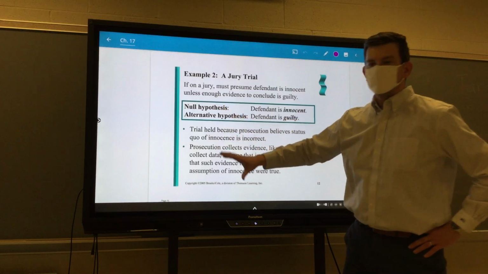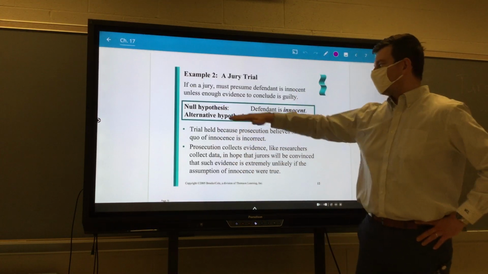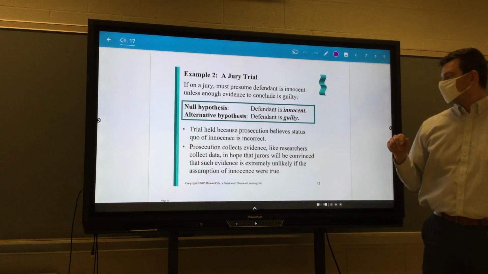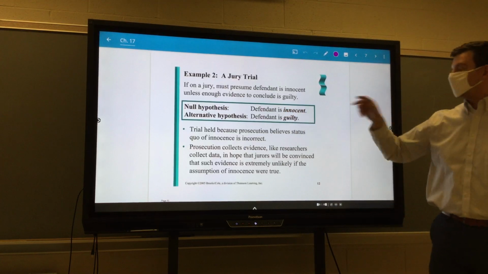We're going to be talking about these hypotheses. Our initial assumption, our null hypothesis, when somebody is accused of a crime, is that the defendant is innocent.